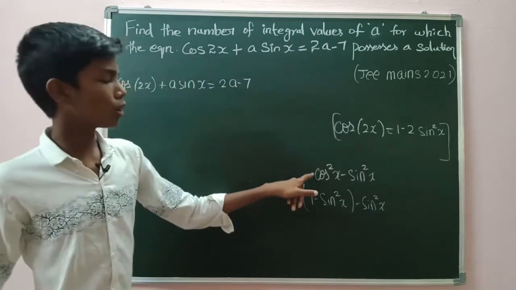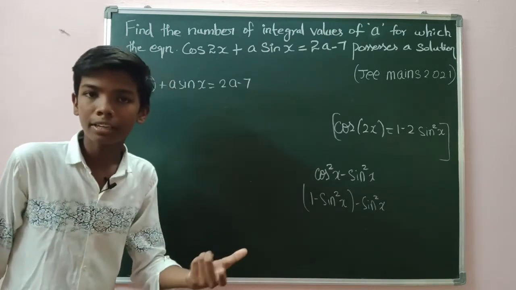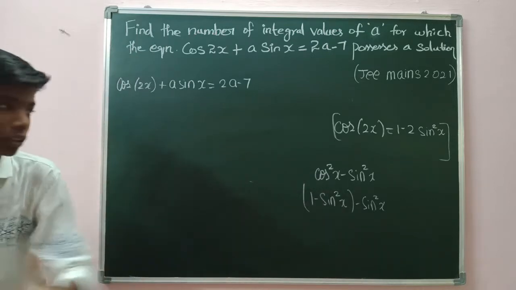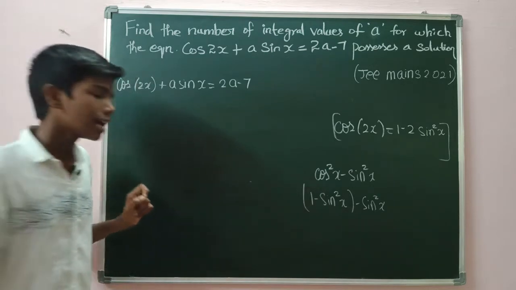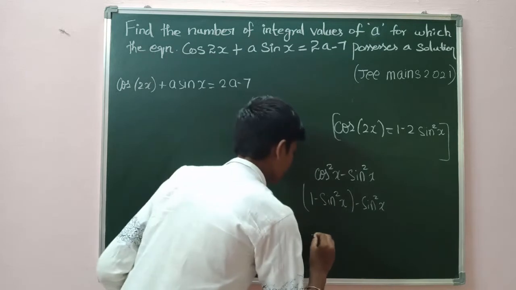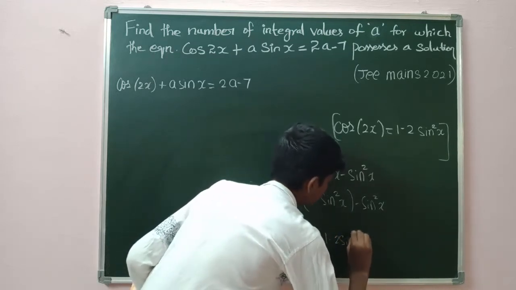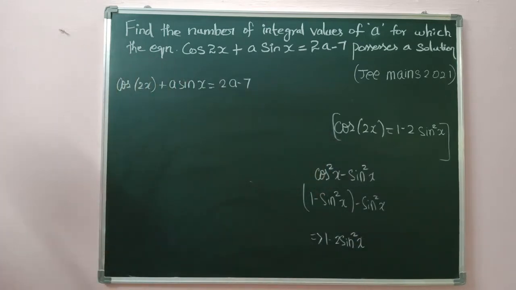I can write cos² x as 1 - sin² x using the basic Pythagorean identity, because we know that sin² x + cos² x = 1. So cos² x will be 1 - sin² x, and I just wrote the remaining - sin² x. When you do this, you will get 1 - 2 sin² x, and this is how cos 2x is 1 - 2 sin² x. I hope you understand how it is derived.